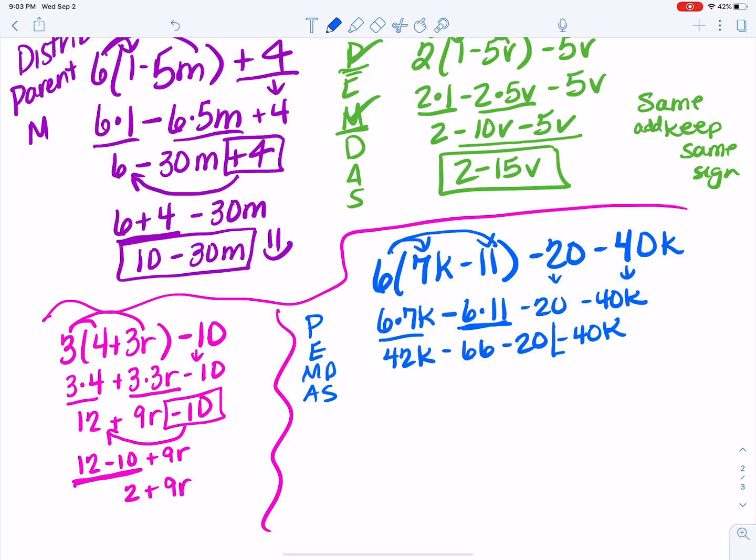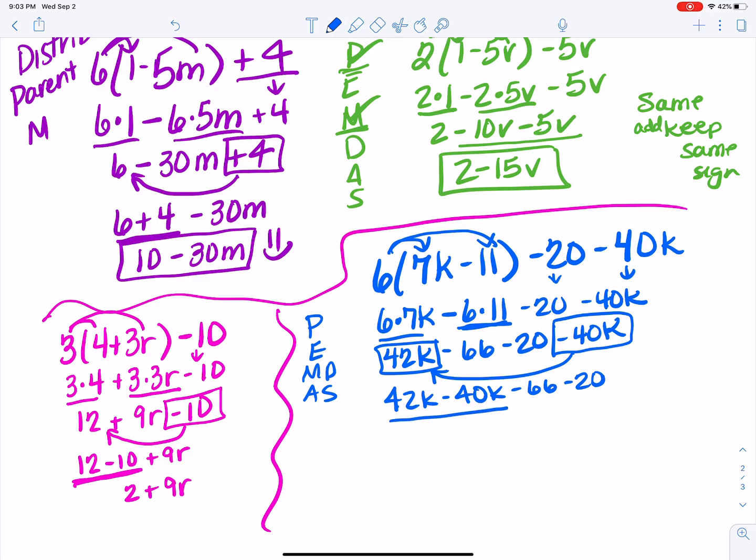I'm going to combine my like terms by moving them closer. 42k minus 40k minus 66 minus 20. This I can do easily. 42 minus 40, I have 2k.